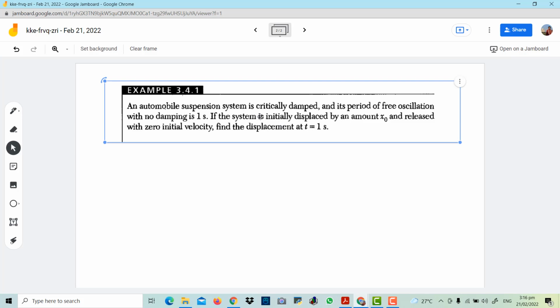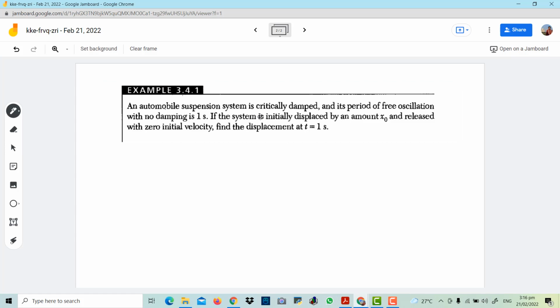So, what do you mean by critically damped? It means that your Q, the small q, take note, when I say critically damped, the q is equal to gamma square minus omega square. Sorry, it is gamma square minus omega square.